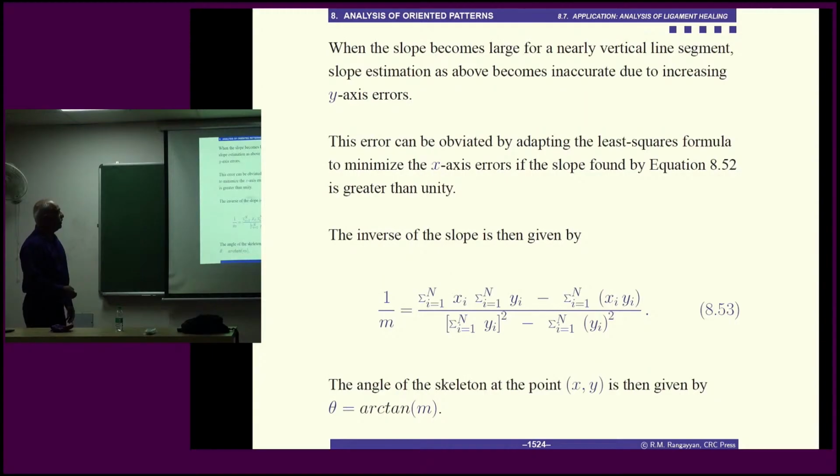But we turned it around. If the slope becomes very large, then that fitting method fails. So we took the inverse of that. 1 over m is given by this quantity, and this worked better. So you are just getting the inverse of the slope.